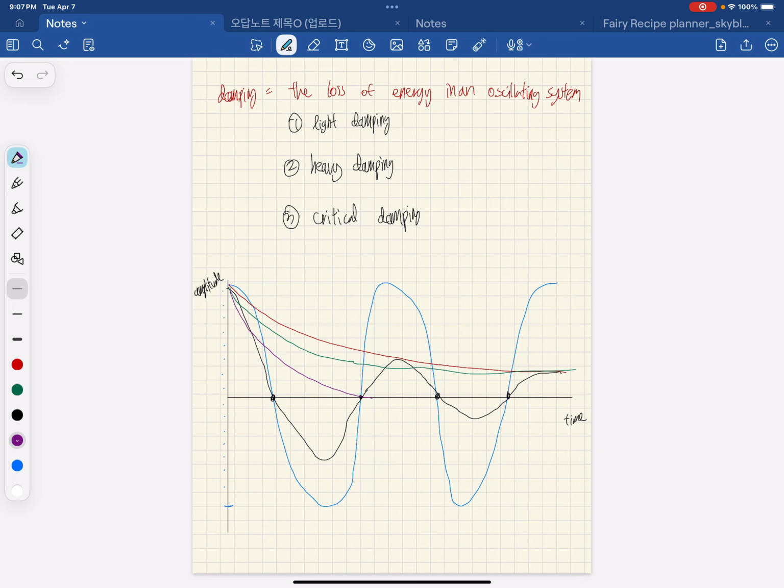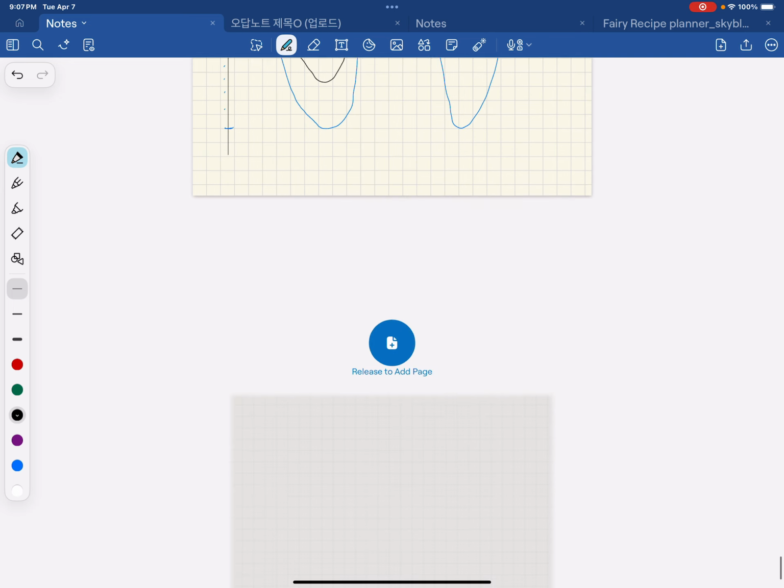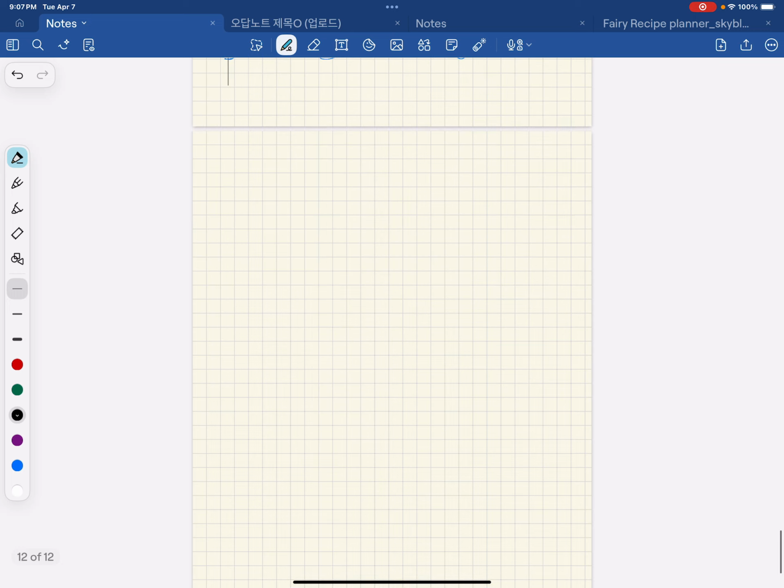Okay, now we know about all the different kinds of damping. How do I show a realistic relation between amplitude and driving frequency? And this was where we get introduced to resonance.